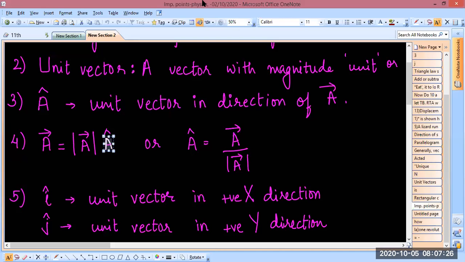Two unit vectors. The two unit vectors are i caret and j caret, right? i caret is in the direction of positive x axis, and j caret is in the direction of positive y axis, right?